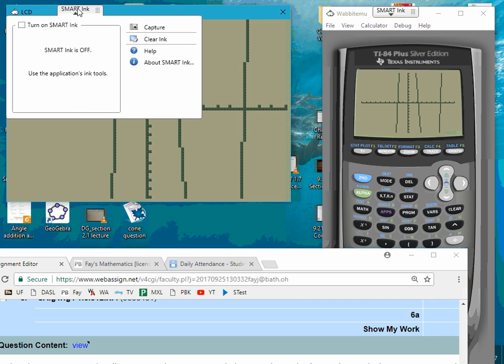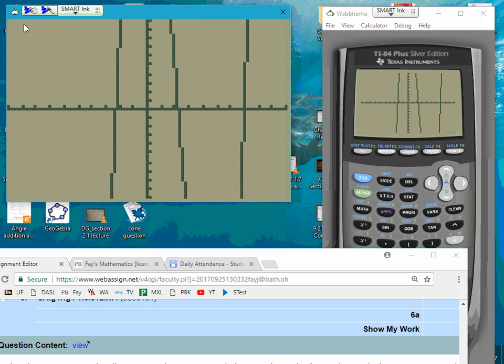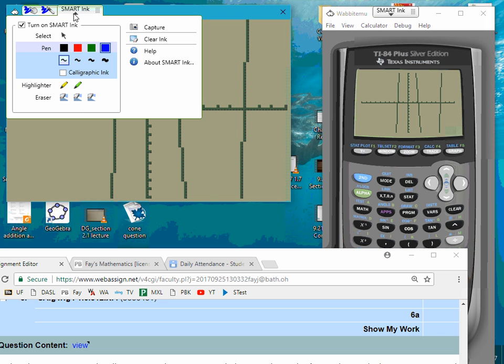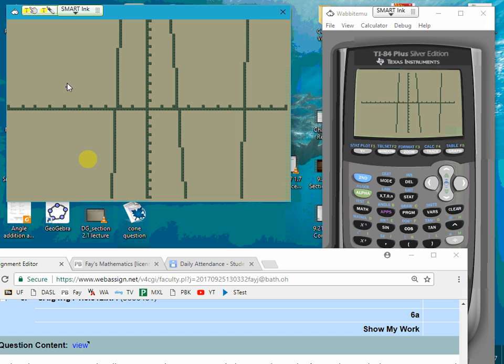As long as I have that intersection point, that one, and that one showing up, and it's a cubic, so I know I should have 3. If I have that, I don't need to see the maximum minimum. Does that make sense? Okay. So we don't need to adjust the window or anything like that.